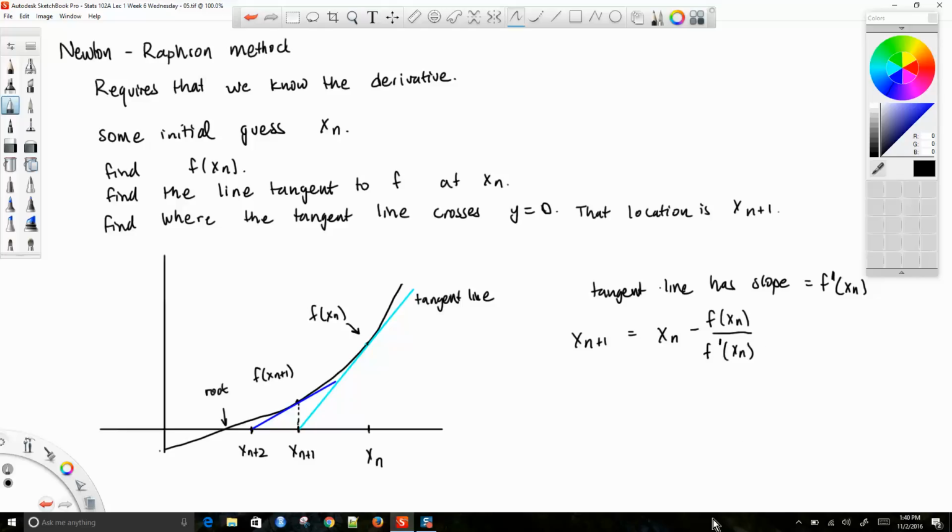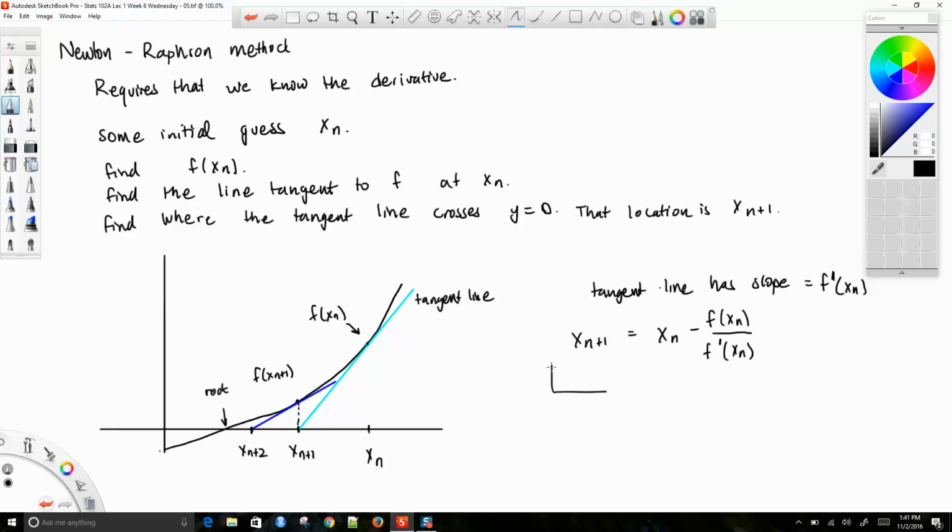And our next point just ends up being this, and this is our algorithm here. You take your current guess, you find the value of the function at your current guess, and you also need the derivative. But if you have those things, you update your current guess to this, and then you just keep going and going. So this is basically the algorithm.